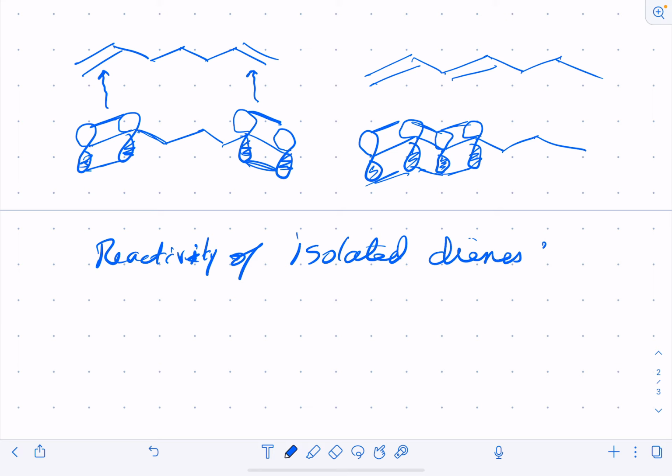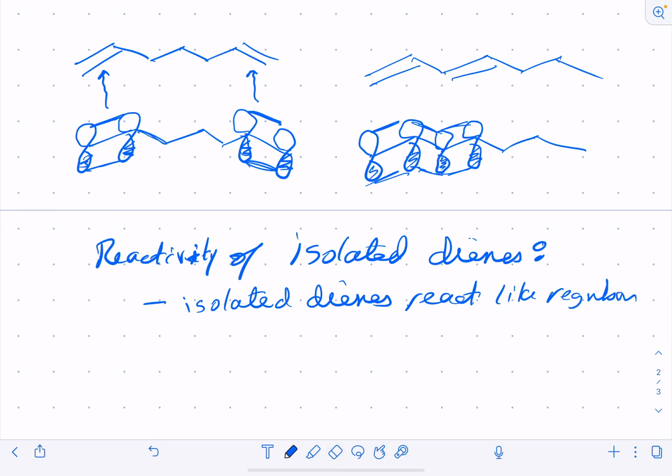And this part is a bit of review because essentially isolated dienes react like regular old alkenes. And so that's convenient.